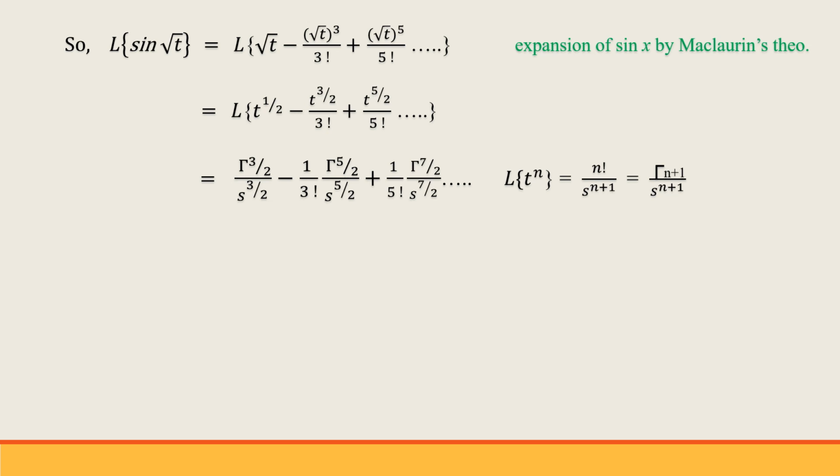You know gamma 3 by 2 is 1 by 2 into under root pi by 2.